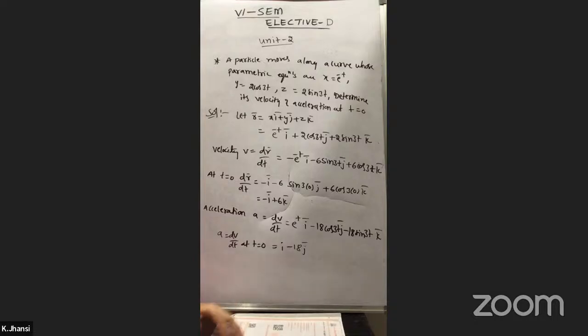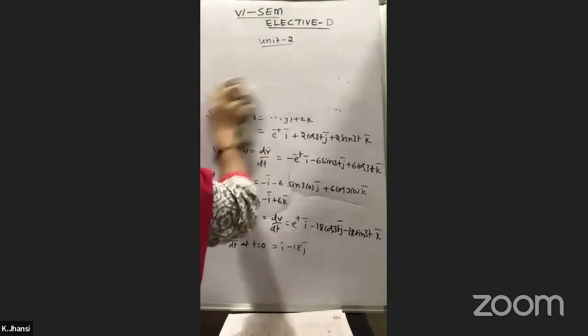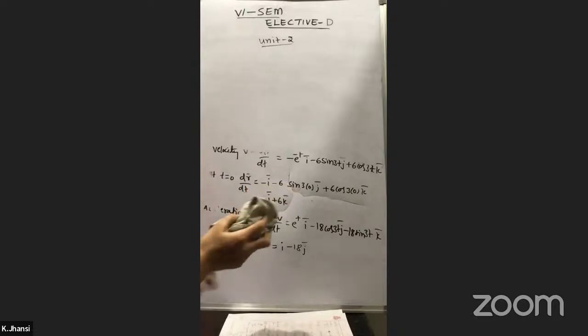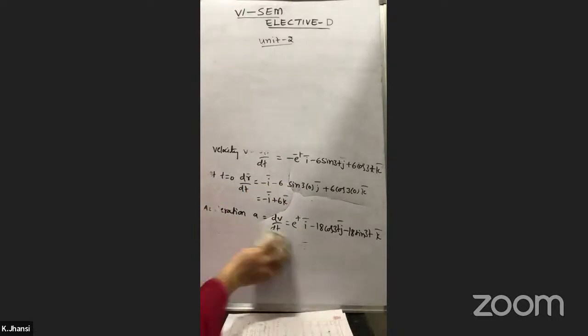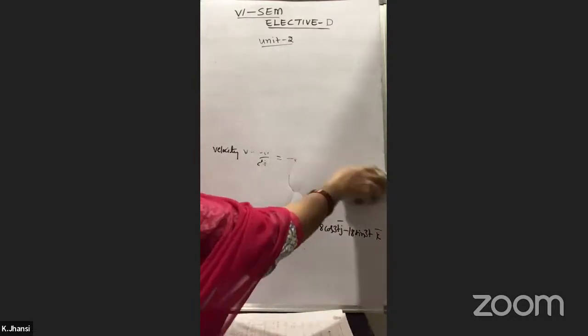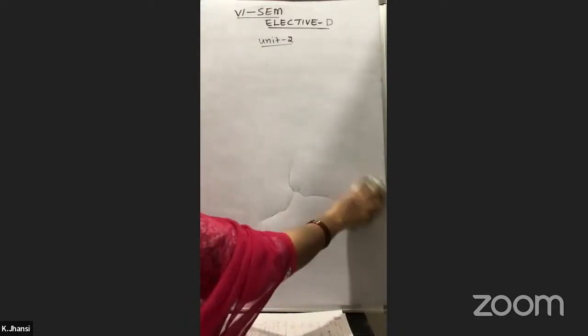So partial differentiation, we have seen the concept now. Partial differentiation means it is with respect to x: dou f by dou x, dou f by dou y, and if z is also a variable, then we have to find with respect to z also.